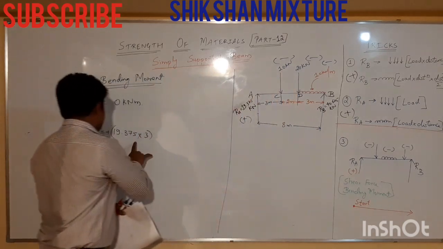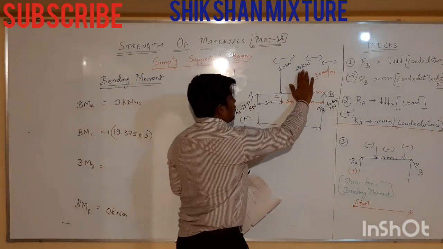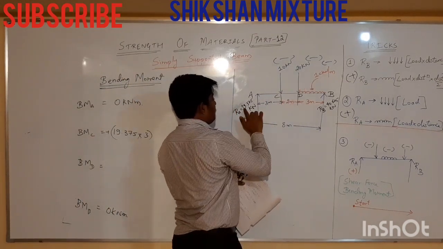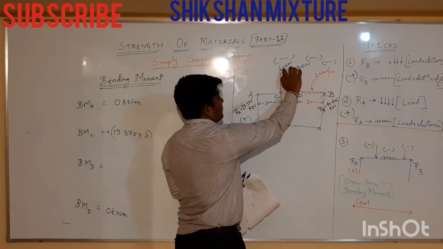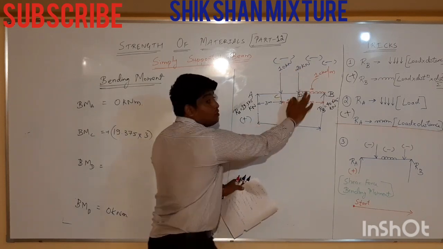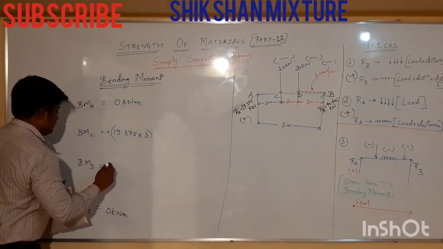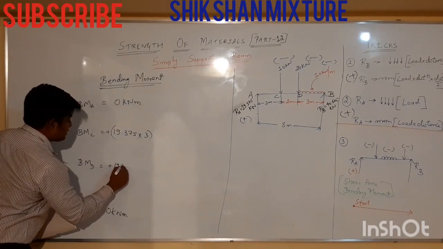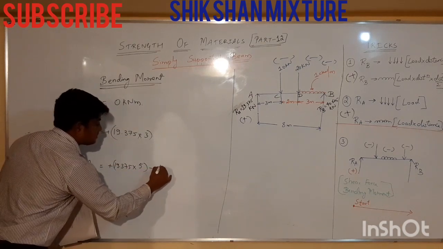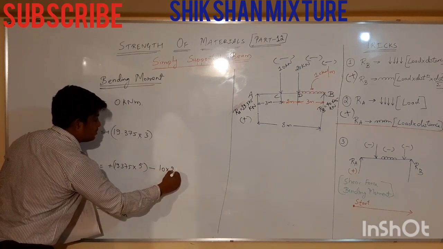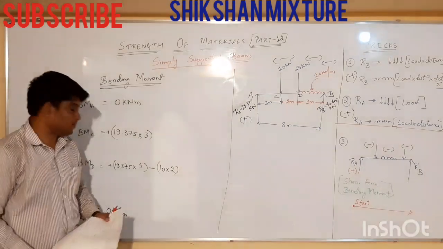Next, bending moment at D. How many loads can I see here? 19.375 into 5 because till D. Next, 10 into 2. It's simple. Plus 19.375 into 5 minus 10 into 2. The calculation is over.